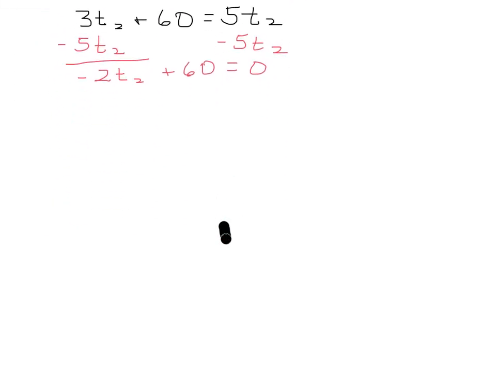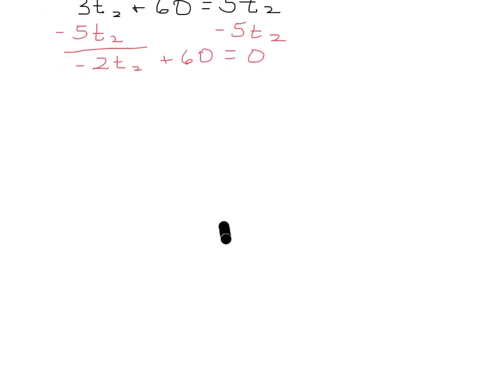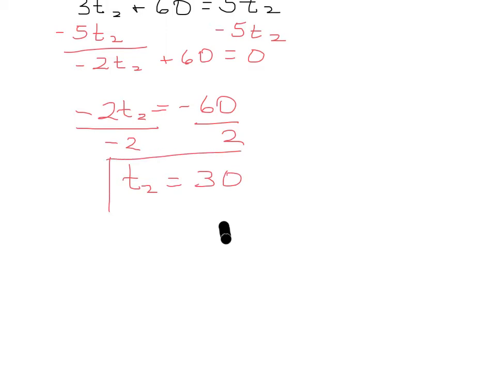And then we're going to subtract 60 from both sides, and we get negative 2T2 equals negative 60, and then we divide both sides by negative 2, and we get T2 equals 30. So that tells us that Mary would take 30 hours to complete the project on her own.